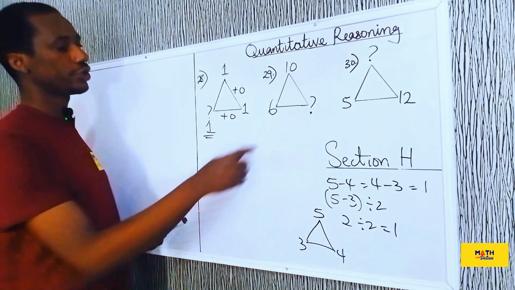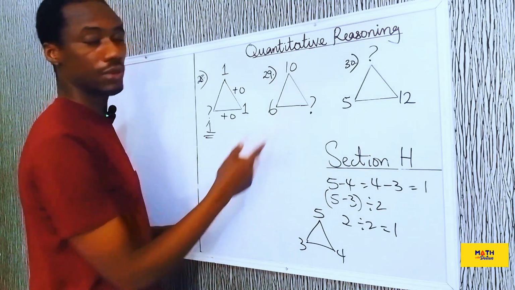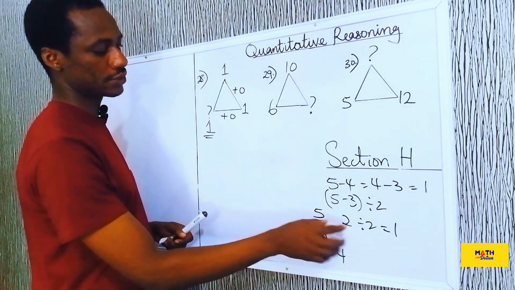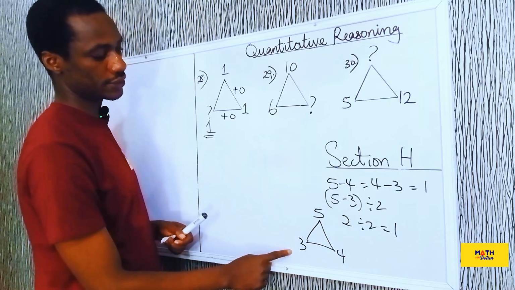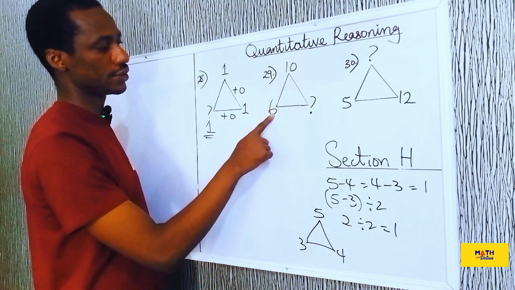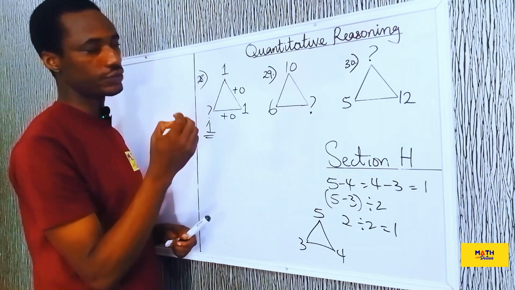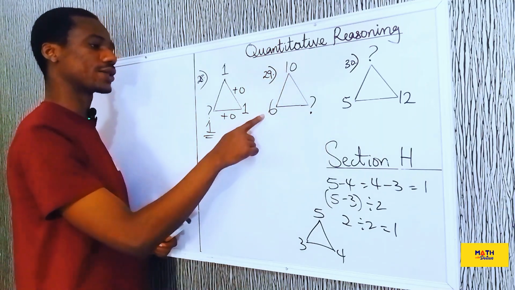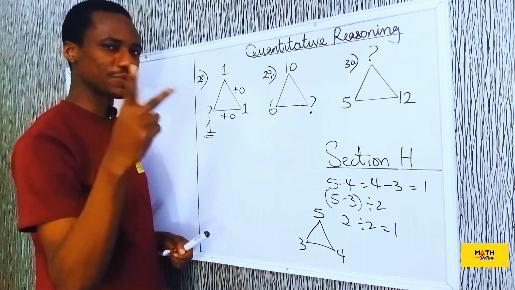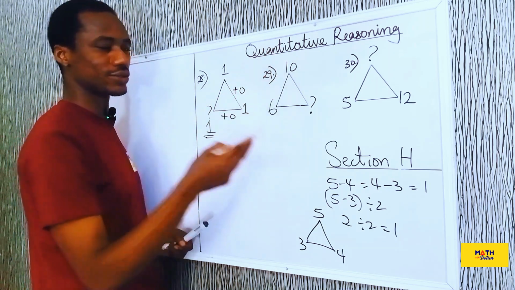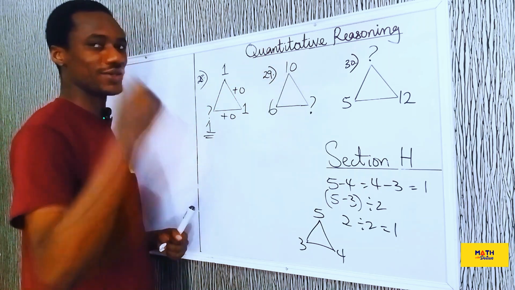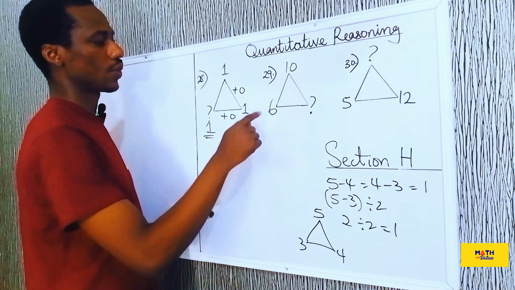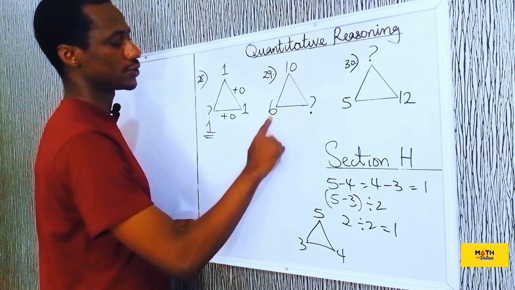Now here, I remember we did something like this. I explained that with 5 minus 3, when you subtract this, you're going to have double of the common difference, because you have moved once, twice. So if you are coming back to that beginning, you have moved 2 times already. So by the time you subtract, you're going to have twice of that number you have added. We've added that number to 6, we got this.